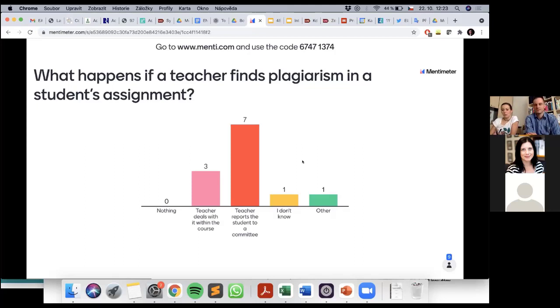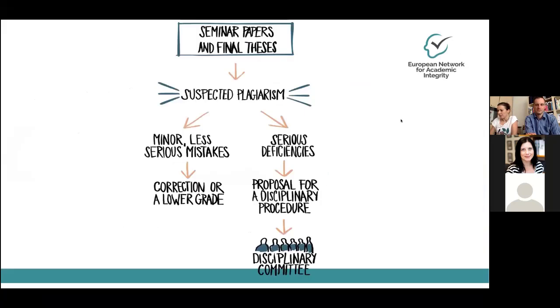Okay, so we will share a schema that we have here, which is quite common for Czech universities. When we have some assignment and there is a suspicion of plagiarism, then usually we need to distinguish whether it's minor and there are some less serious mistakes, which might be just, for example, because the student is at the beginning of his studies, he tried to cite properly, but did not succeed in proper citations.